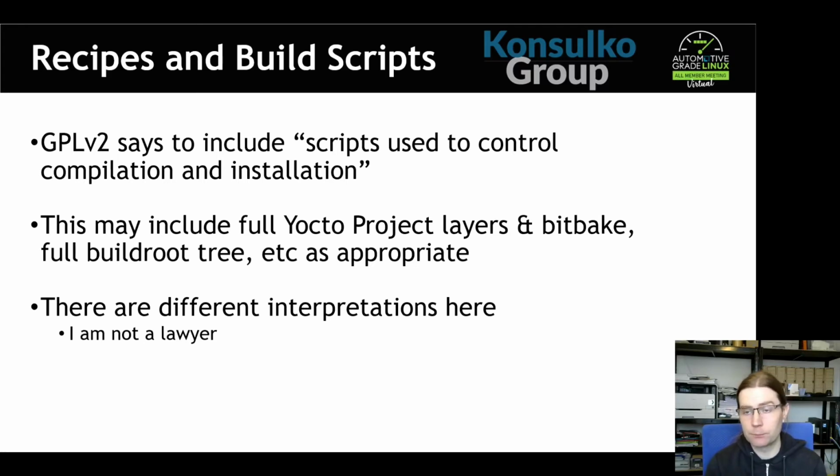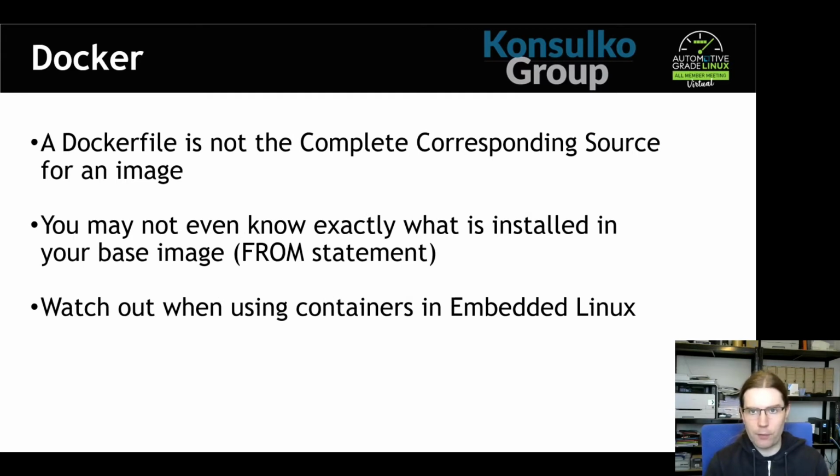Now let's move on to talk about things you need to be a little bit more careful with. Docker is really quite heavily used at the minute and is very popular, but Docker containers are often built from a Dockerfile rather than from a Yocto project recipe. Now, a Dockerfile is not the complete corresponding source for a container image.